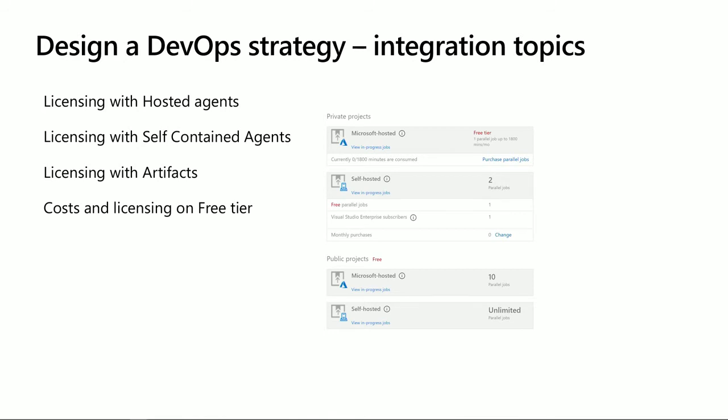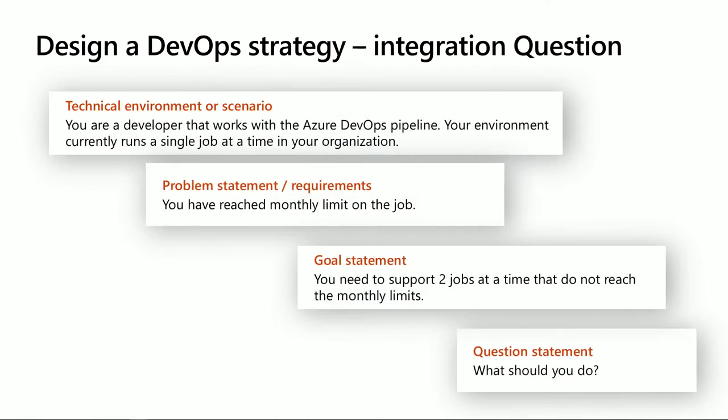I don't know what that number is because they change it every so often. You don't need to know the exact number for the exam. You just need to know the concept that when you need parallel builds, you need an agent that can run multiple jobs, and that typically means more cost. Clear? All right.